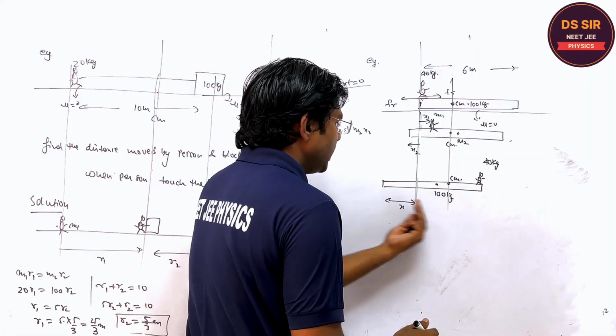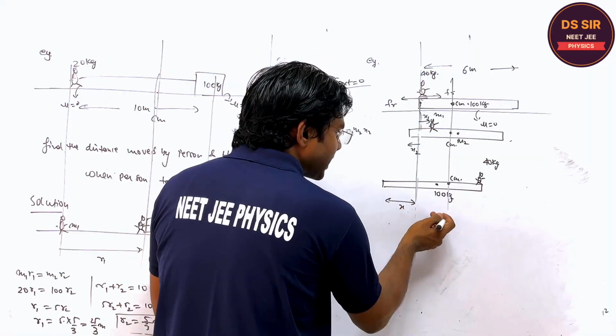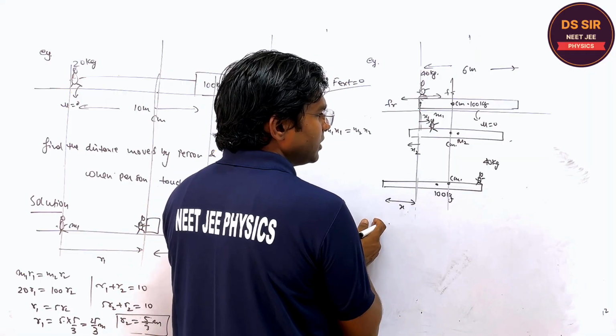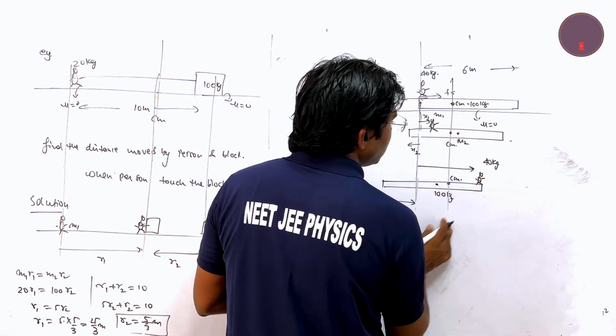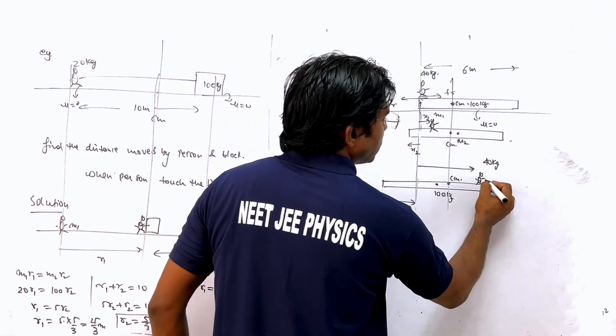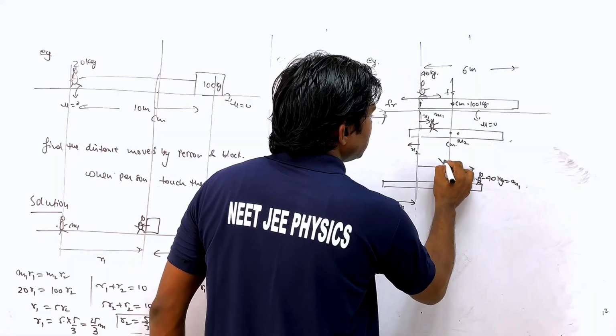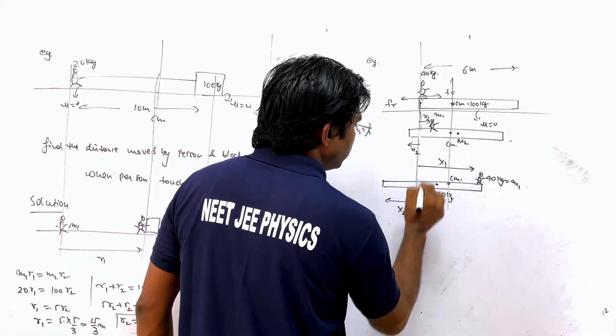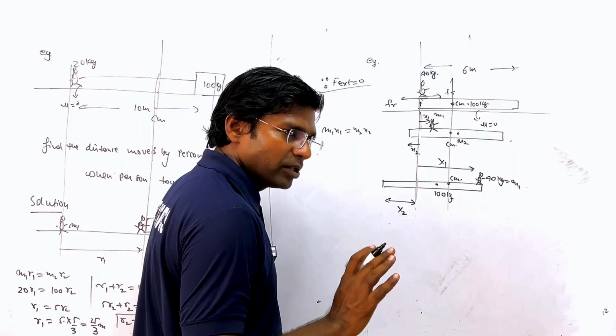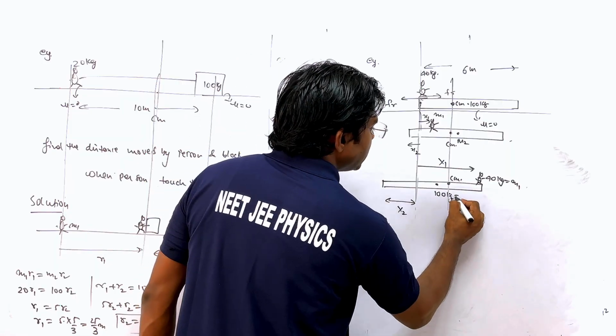So what is the displacement of the second mass m2? This is the 40 kg mass, it is m1. Suppose this is x1, and I am assuming this is x2.